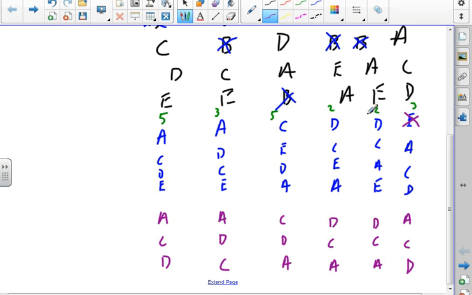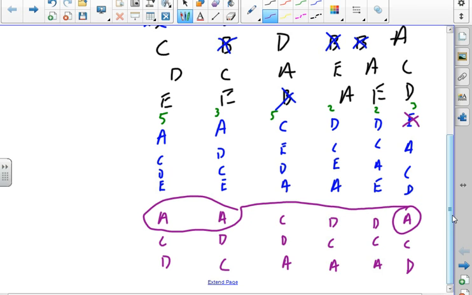If A has 11 votes and there's only 9 left over, A is now the winner because he now has a majority.